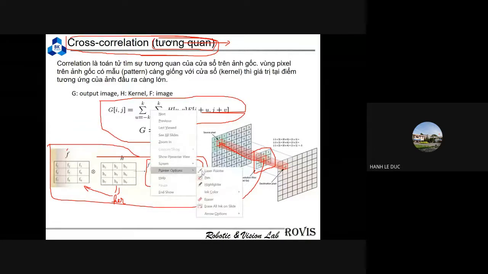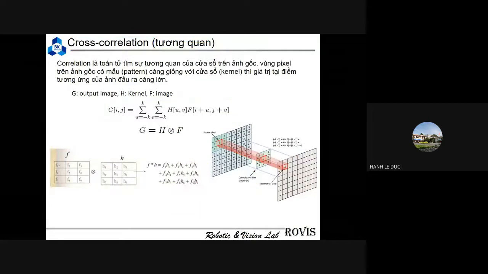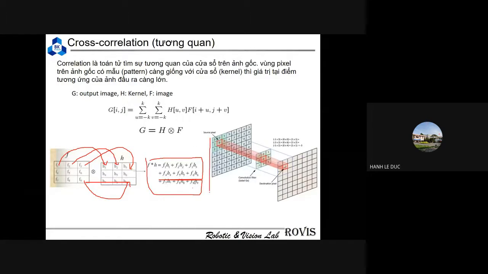Here, a very simple equation: F1 multiply H1, right? Plus F2 multiply H2, right? Plus F3 multiply H3, right? And then this is the final result.